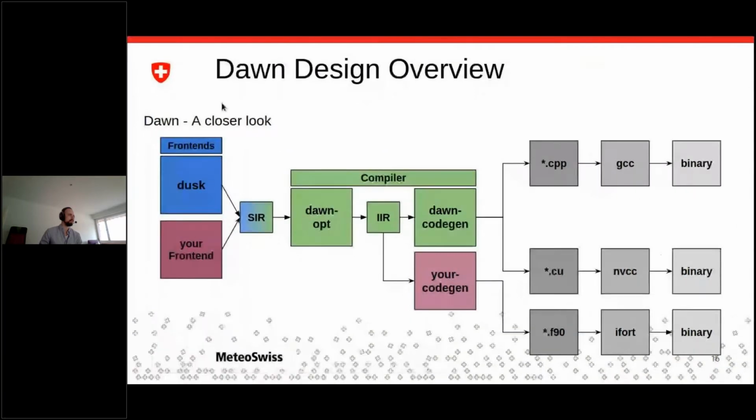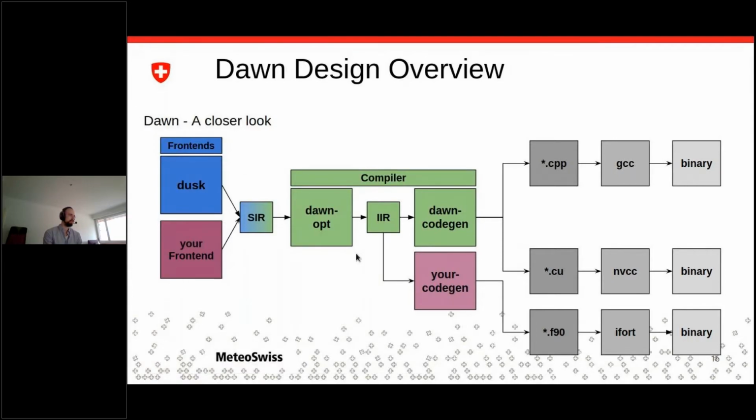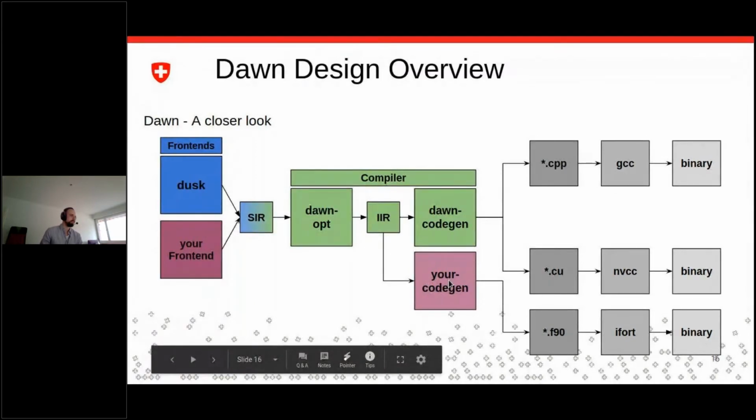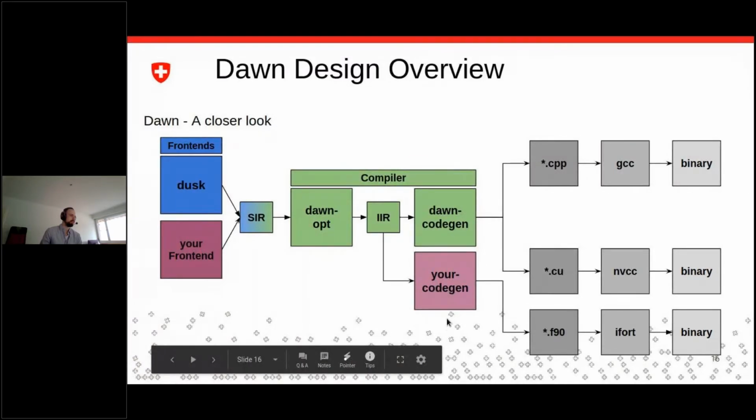I want to stay a bit with this slide, because it highlights fairly well how the issues we started off with in our motivating example and the Fortran code are solved. If we want to support new hardware, we have to add a new code generation component.